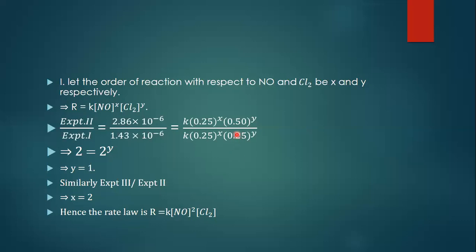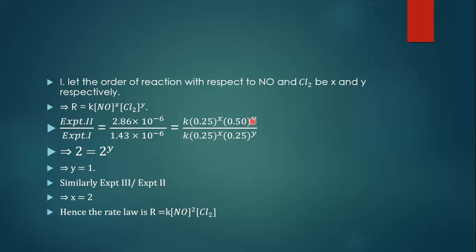So you have to apply indices here. 0.50 will give you 50 over 100. That would be half. And then half is the same as 2 raised to the power negative 1.